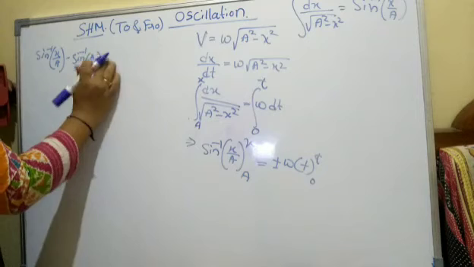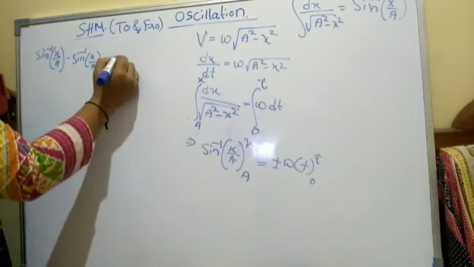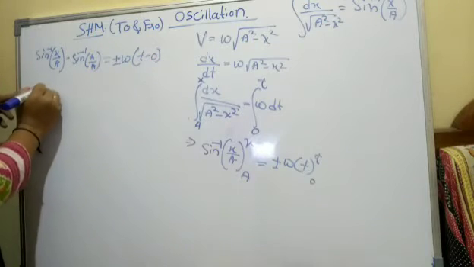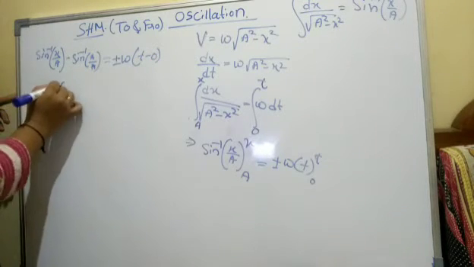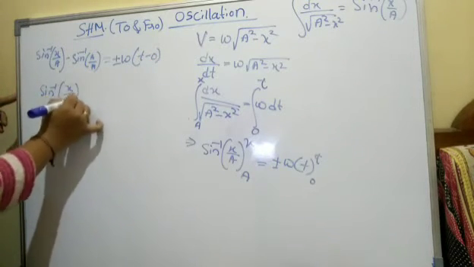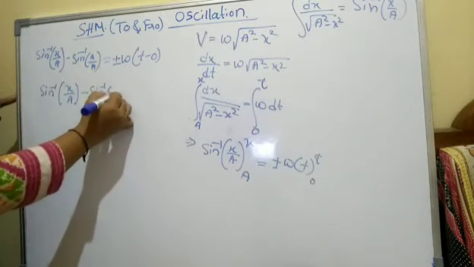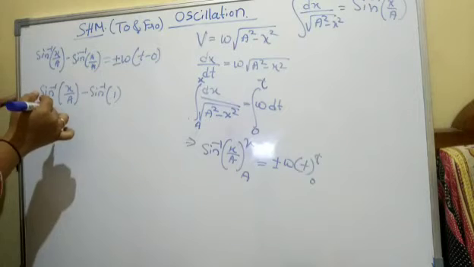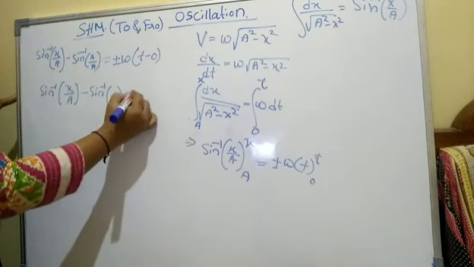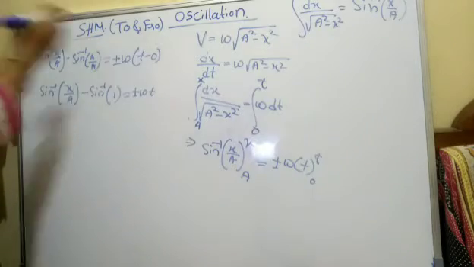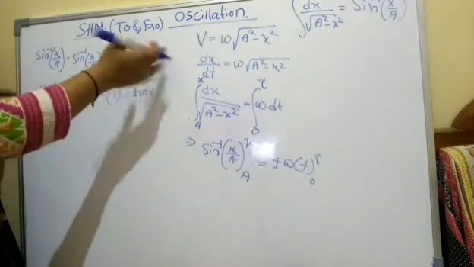So let me complete this equation. Plus or minus omega t minus 0. So sine inverse of x by a minus sine inverse of 1. So it gets cancelled, remains with 1 here. So plus or minus omega t here, because sine t is 0 is 0 only.